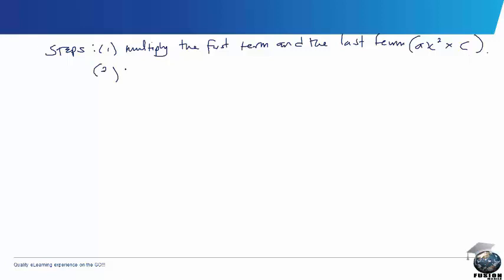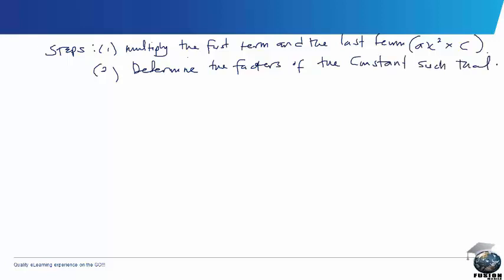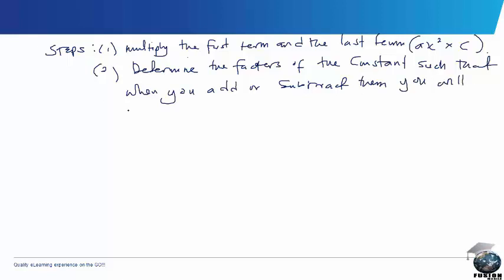Step 2 says you have to determine the factors of the constants such that when you add or subtract them, you will have the value of bx.